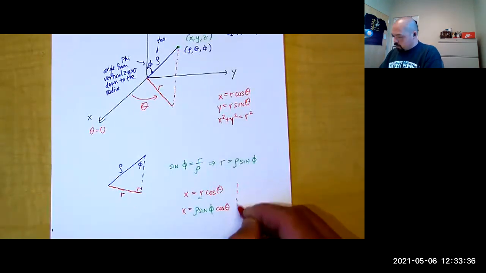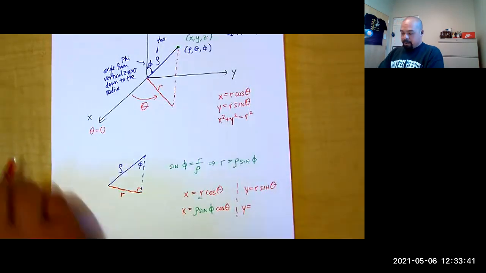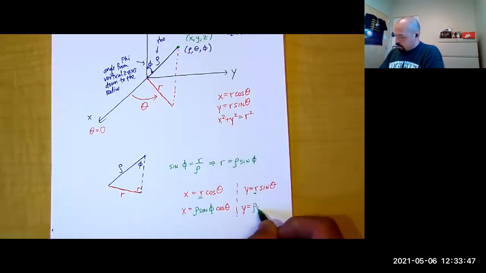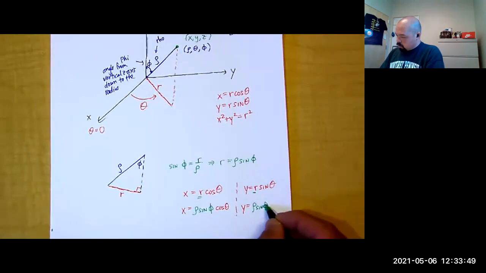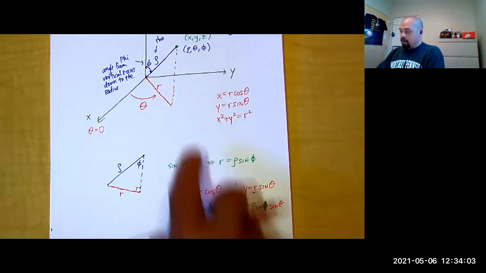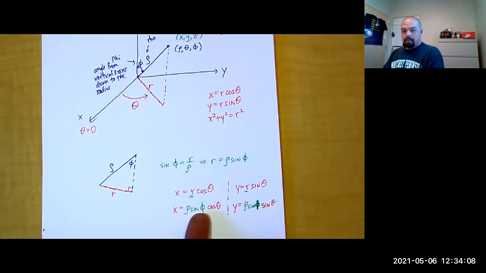If y is equal to r sine theta, in terms of these spherical coordinates, y is rho sine phi sine theta. So now we have a way of rewriting this x and y in terms of rho, theta, phi.